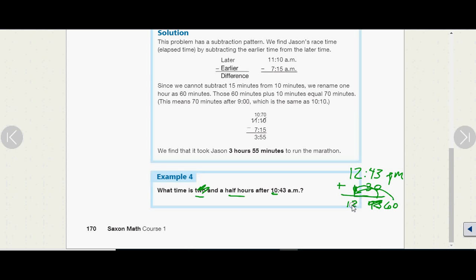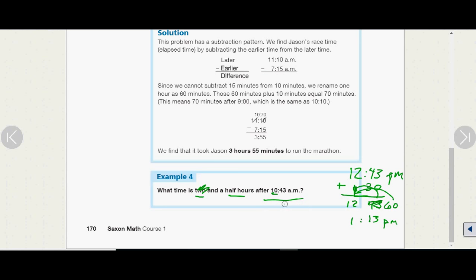What's 60 minutes worth in hours? 1 more hour. We only count 1 through 12 in hours, so after noon, the next hour is 1. And if I had 73, I took 60 away, how many minutes are left? 13 minutes. 1:13 p.m. is 2.5 hours after 10:43.